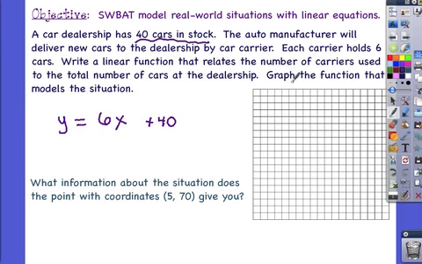So now we can go ahead and make a graph. We'll title our graph Transporting Cars. Our X represents the number of car carriers. Our Y represents the total number of cars.